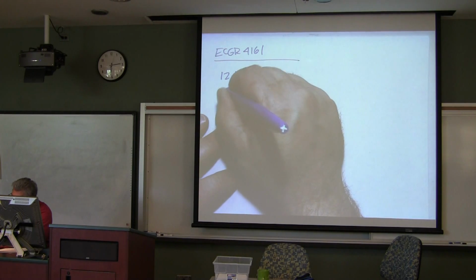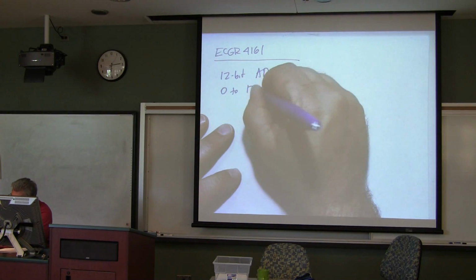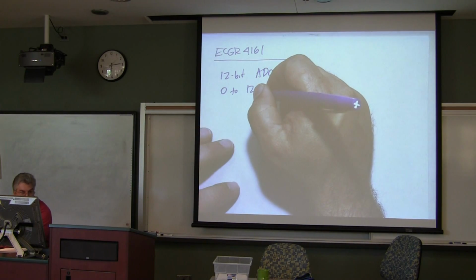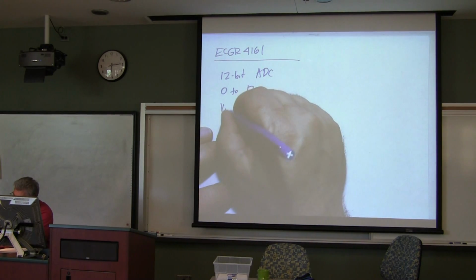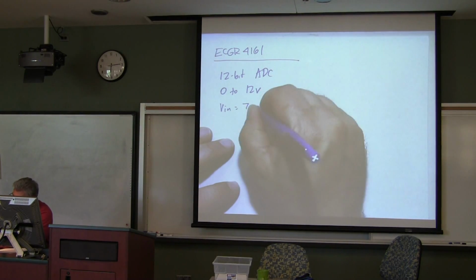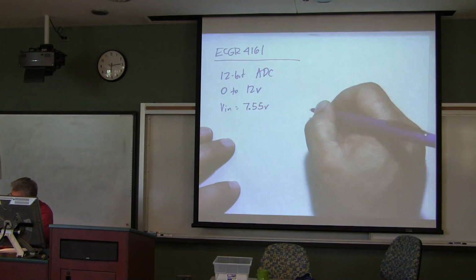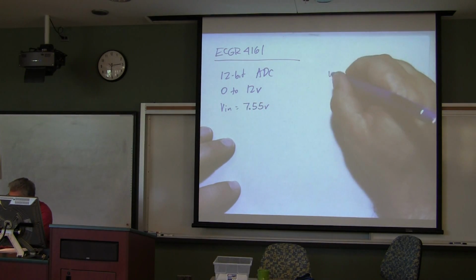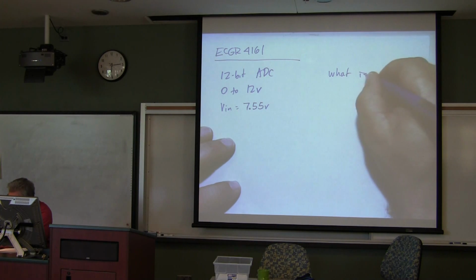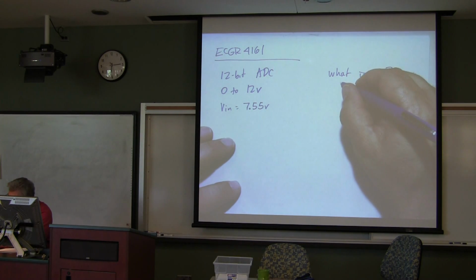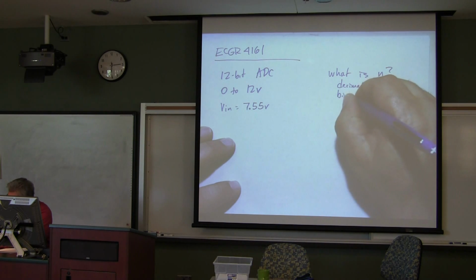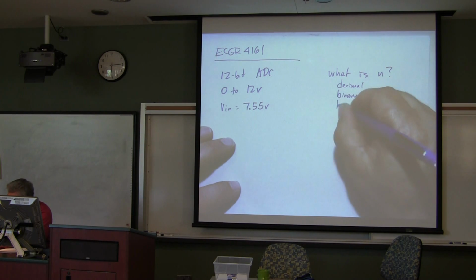You're measuring from 0 to 12 volts with your ADC. You have measured Vin equal to 7.55 volts. So what is your N, represented in decimal and binary and in hex?